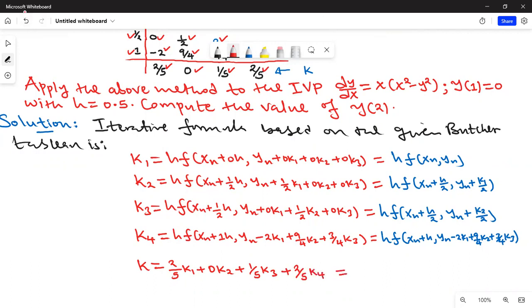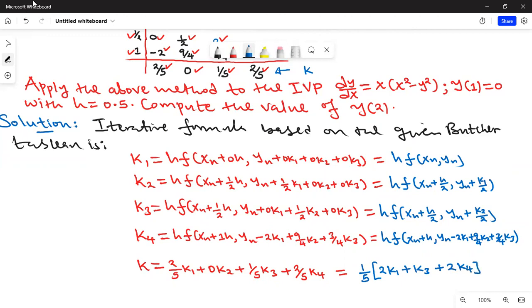If I simplify this one, it is the same as 1 over 5 outside, inside we'll have 2k1 plus k3 plus 2k4.